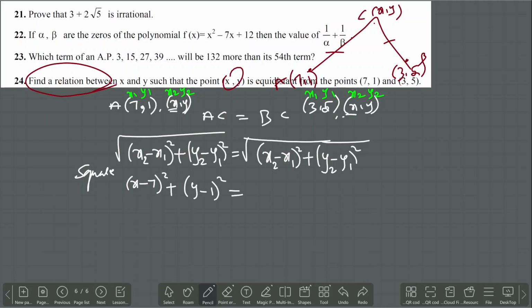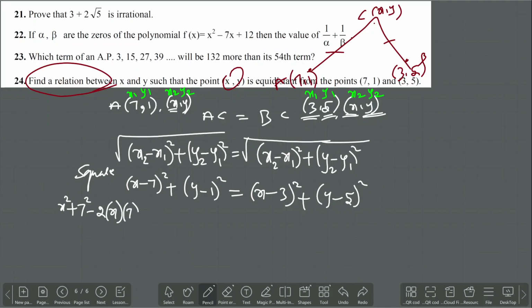Like that, x2 value x and x1 value 3 whole square, and y2 value y and y1 value 5 whole square. So a minus b whole square, we have to apply for all these. Apply carefully here. Okay, x square, 7 square. See, a square plus b square minus 2ab formula. Okay, 2ab, you will be getting like this.